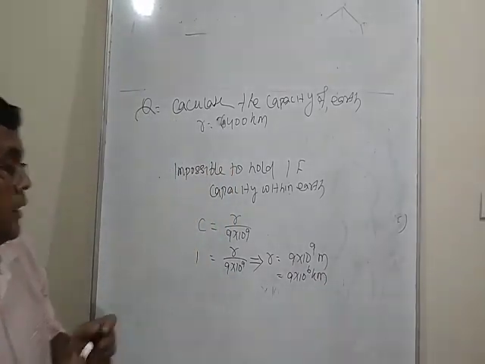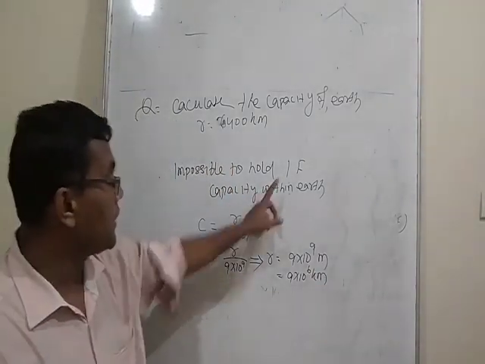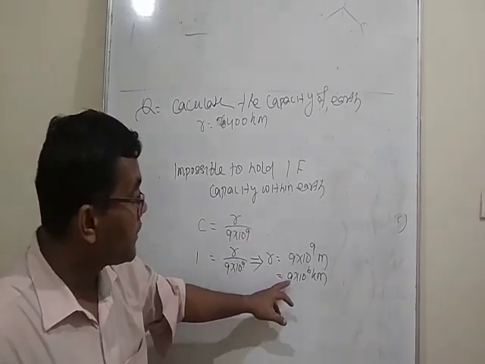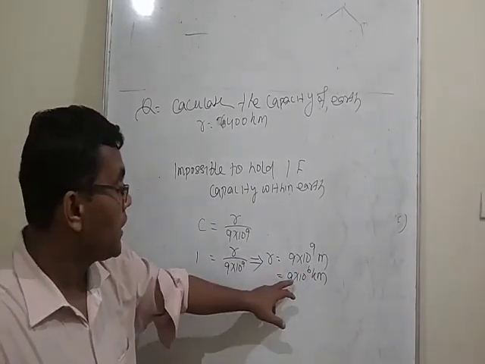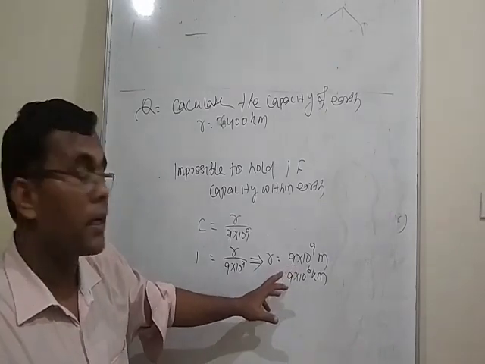To hold 1 farad capacity, the radius of the body must be 9 into 10 to the power 6 kilometer. Only with such a radius can 1 farad capacity be held.